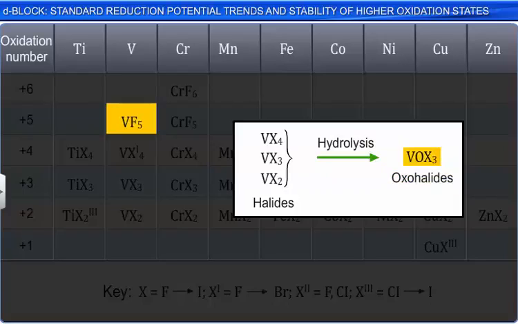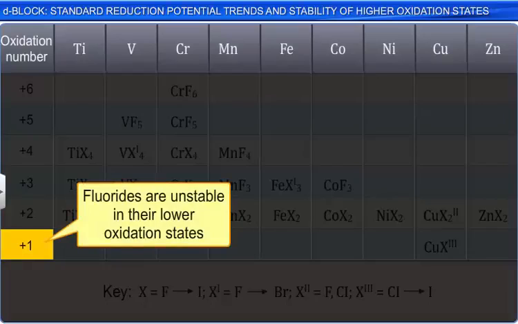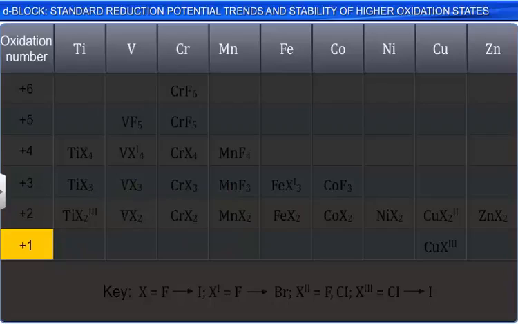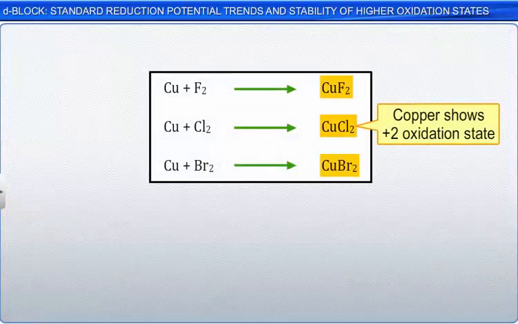Fluorides are unstable in their lower oxidation states, and, therefore, chlorides, bromides, and iodides exist in +2 oxidation state, while fluorides do not. Copper, in +2 oxidation state, forms all the halides except iodides, because cupric ion oxidizes iodide to iodine.